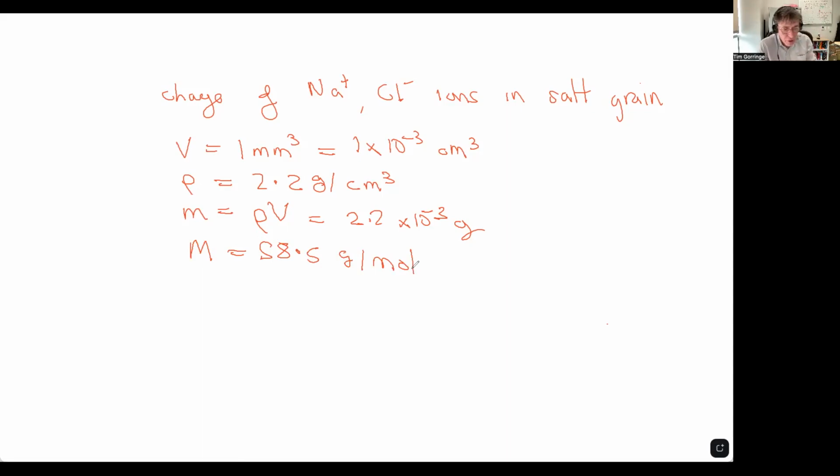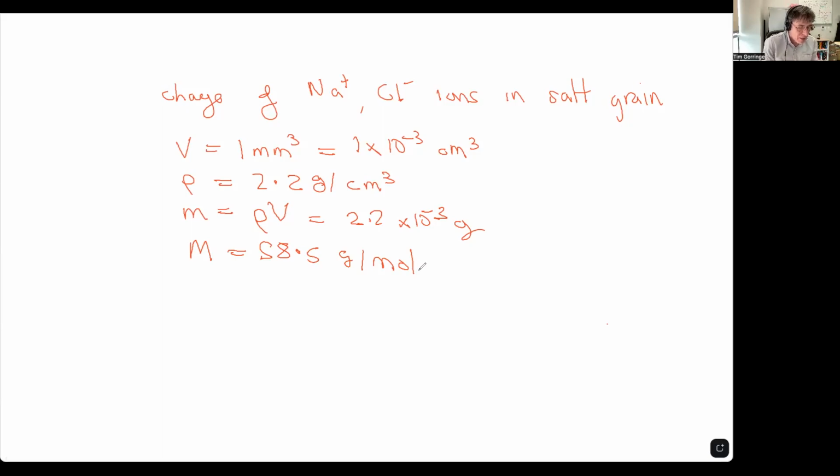As I say, I could have worked it out. The molar mass of sodium is 23 grams per mole, and the molar mass of chlorine is a little over 35.5 grams per mole. Since sodium chloride is 1 part sodium, 1 part chlorine, I could have just added those 2 molar masses together. But anyway, this is the molar mass.